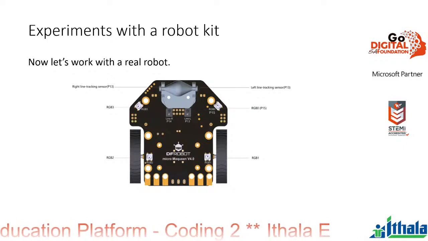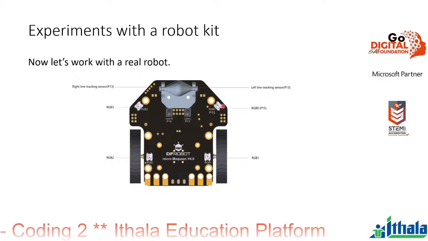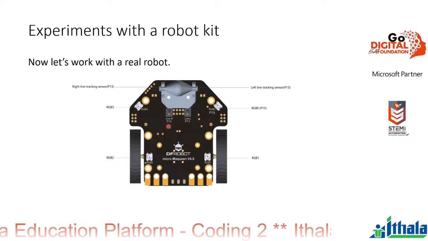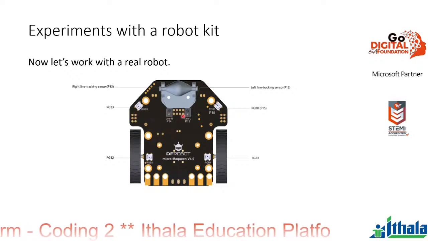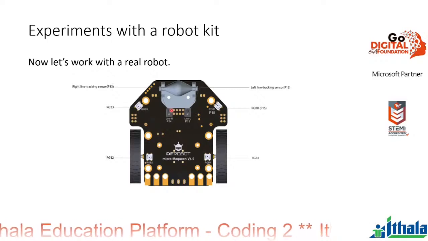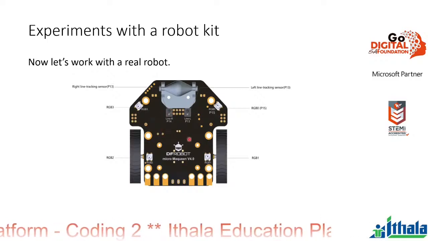Okay, if we look at the bottom, it's got these 2 LEDs that we can control. And then it's got line following sensors. There's a sensor here and a sensor there. So this sensor has got an LED that shines an infrared beam at the ground, because this is the bottom of the robot.